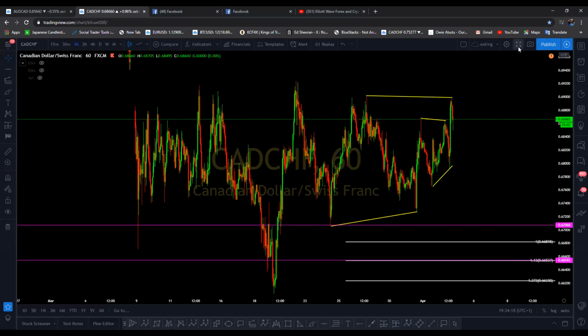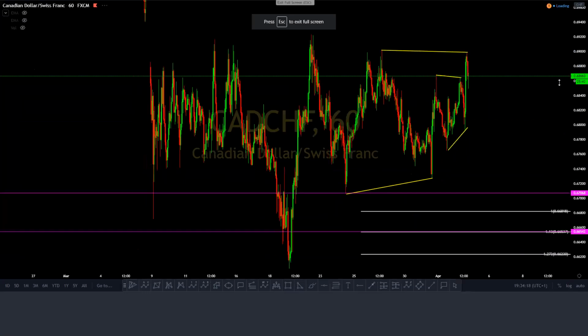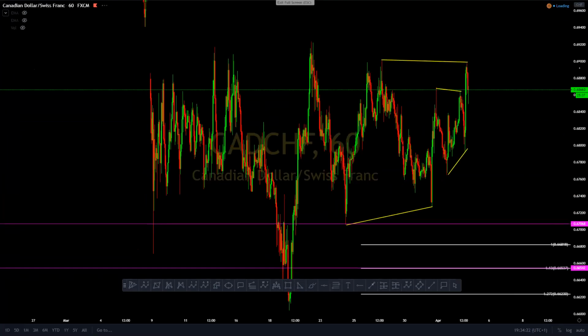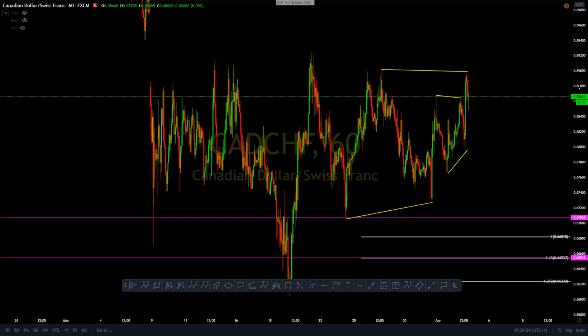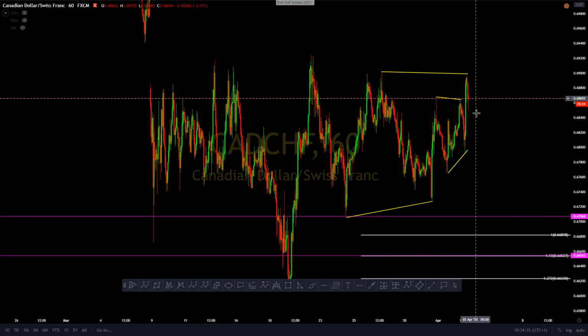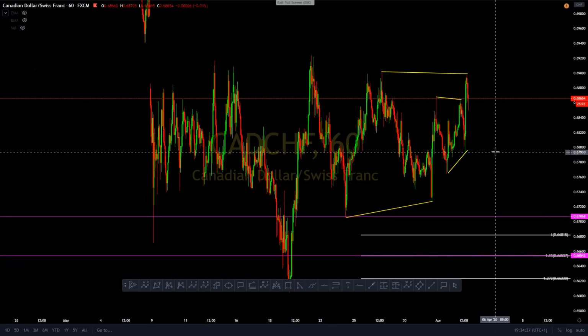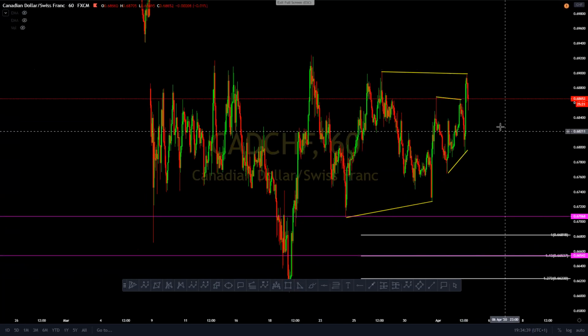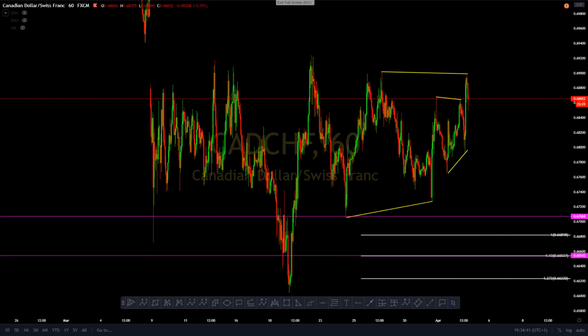Okay. Now, let me talk about the support and resistance before we move on. You see, this is the Canadian dollar and Swiss franc chart, and this is a setup for a sell, for it to go short.